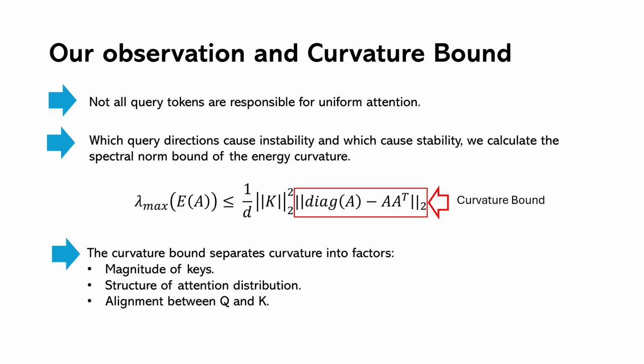To find out, we calculate the spectral norm bound of the curvature of the energy landscape. This curvature bound separates curvature into several factors: the magnitude of keys, the structure of the attention distribution, and the alignment between query and key. We perturb the query components while maintaining the curvature bound, which will show which query components predominantly drive the curvature bound and better generation.